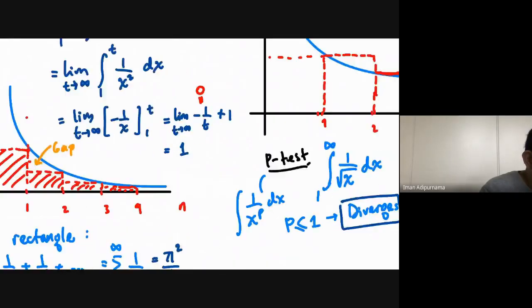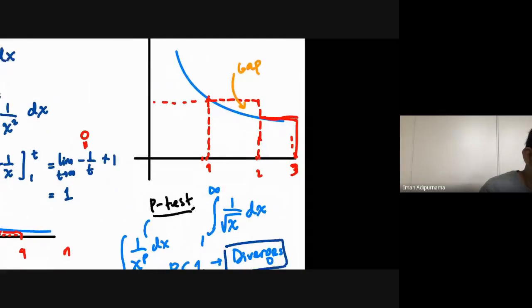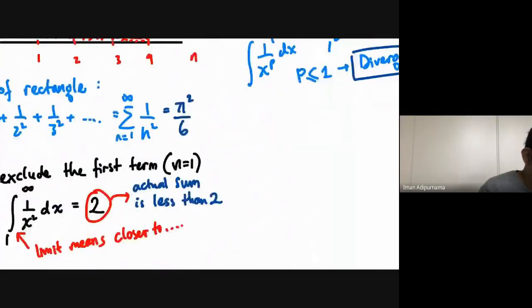Okay, but the right one, if you try to calculate and check the number, is actually an overestimate. So the 1 will be here, 2 will be up here. So the gap will be this gap.